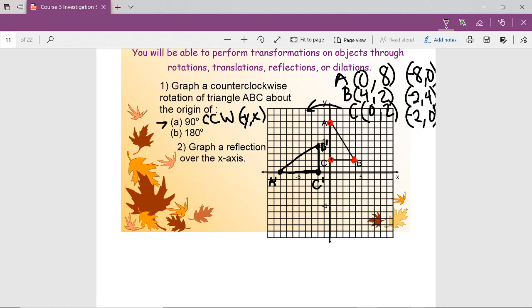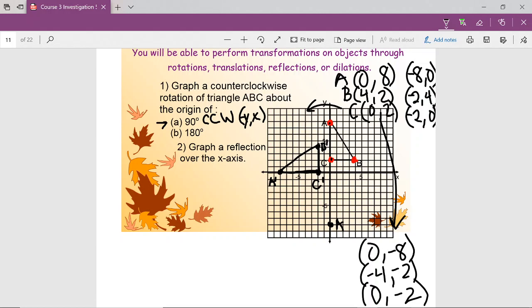With the 180-degree, I'm going to now have coordinates that are just their opposite numbers. So 0, negative 8, and negative 4, negative 2, and then 0, negative 2. So that when I go from my original 180 degrees, I now have A double prime down here, and I have B double prime right here, and C double prime right here.